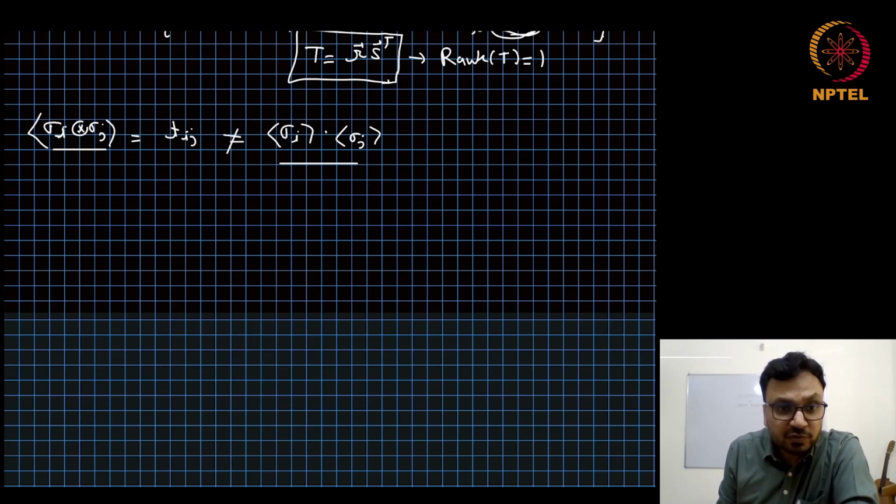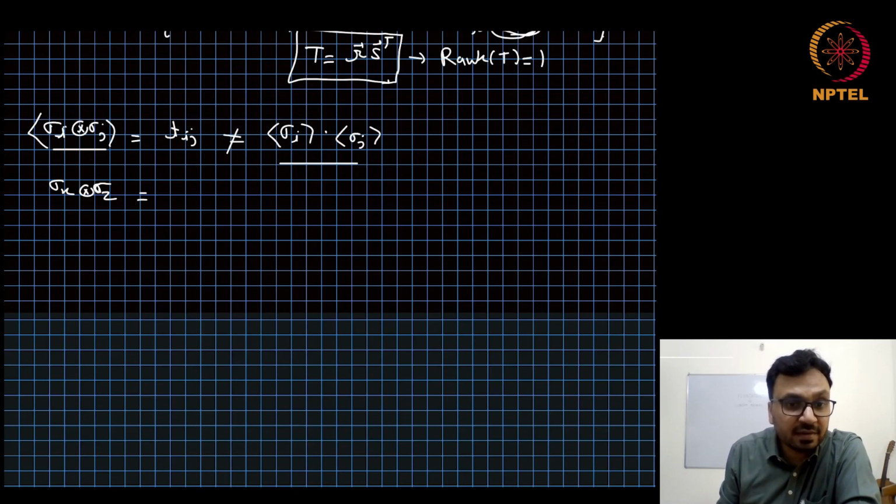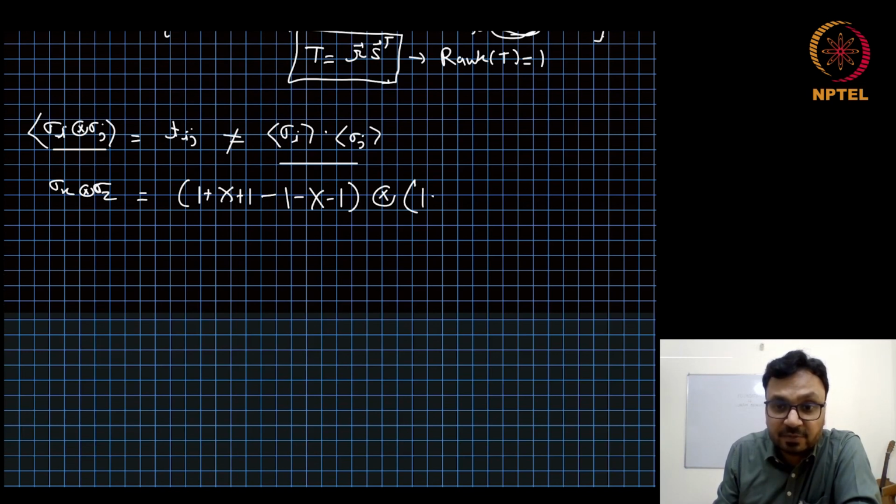In order to do that, let us take one example. Let us say we have sigma x tensor sigma z. Now we can write the spectral decomposition of those. Sigma x is the plus outer product plus, minus the minus outer product minus. This is the spectral decomposition of sigma x. Tensor the spectral decomposition of sigma z, which is the 0 outer product 0 minus the 1 outer product 1.